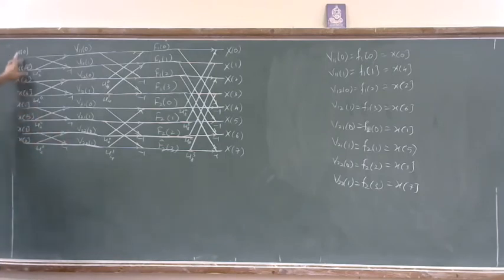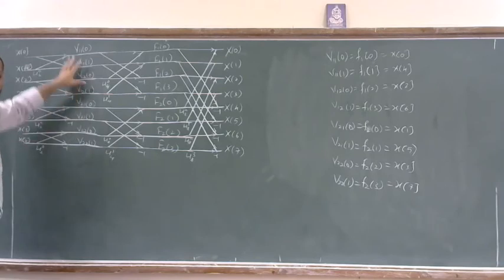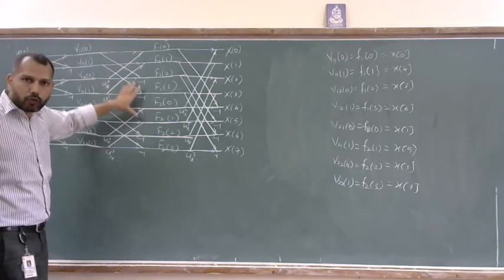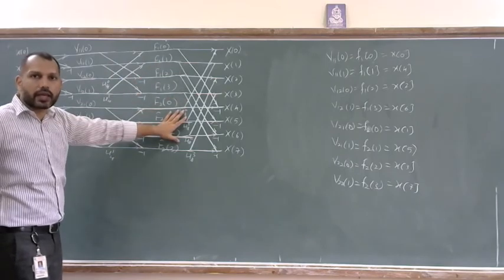Those 2-point sequences are x of 0, x of 4 as one 2-point sequence, x of 2, x of 6 as another, and likewise x of 1, x of 5, and x of 3, x of 7, for which 2-point DFTs will be calculated. These 2-point DFTs will be combined to obtain 4-point DFTs, and 4-point DFTs will be combined to obtain the 8-point DFT.